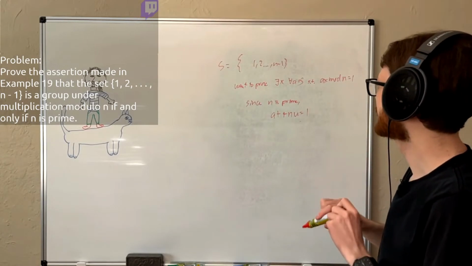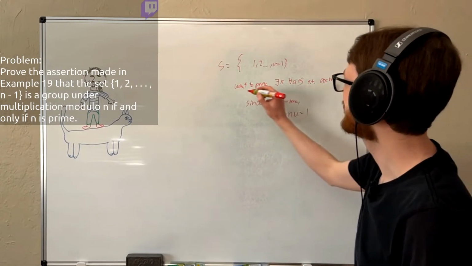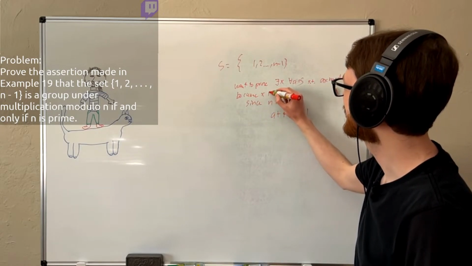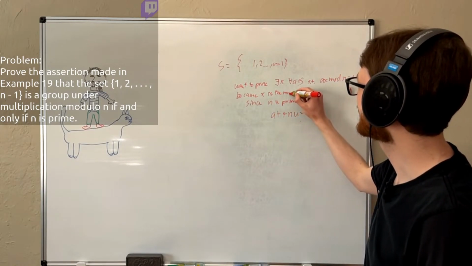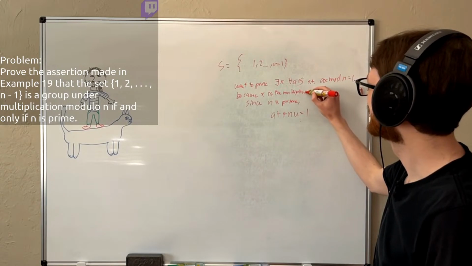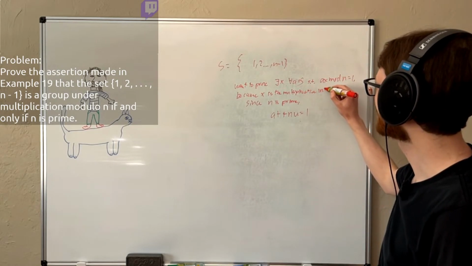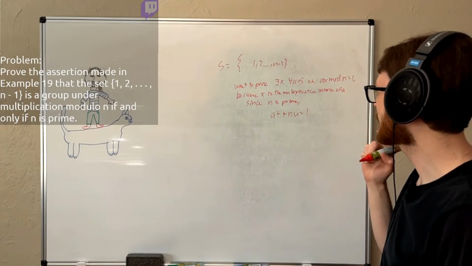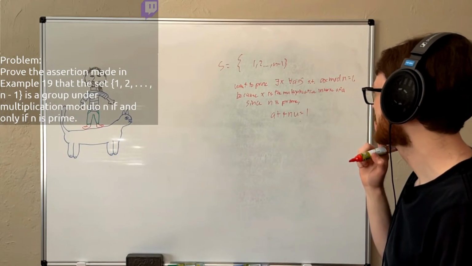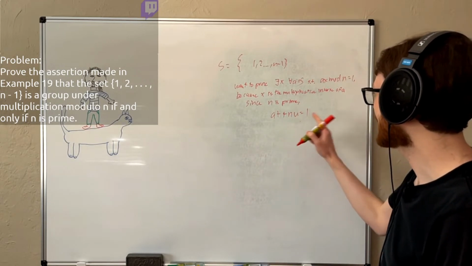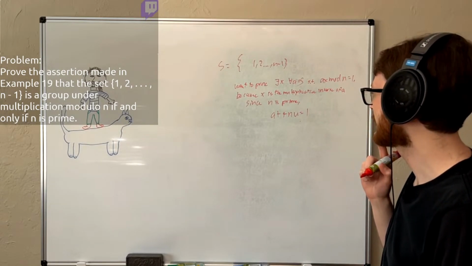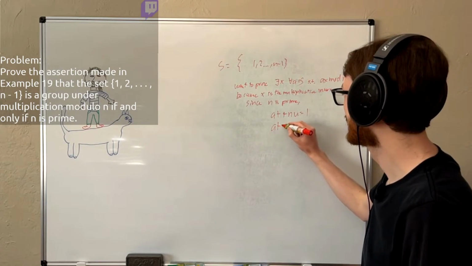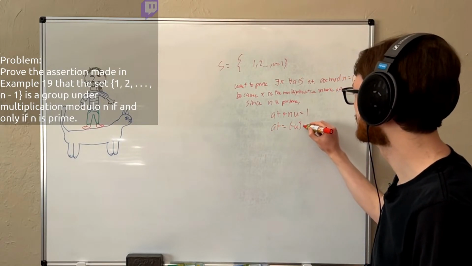You want to prove x is the multiplicative inverse of a. So since n is prime, we know there's a linear combination of a times something plus n times something is equal to 1. And then we want to bring our n times something to the other side.